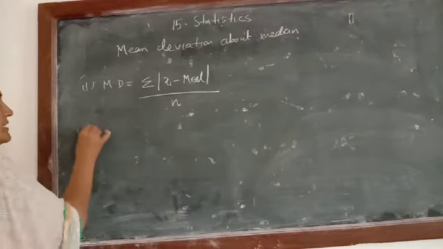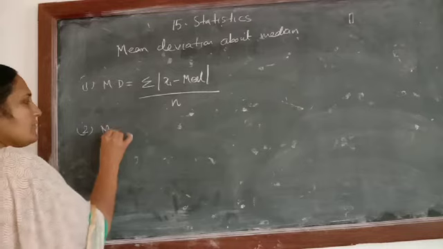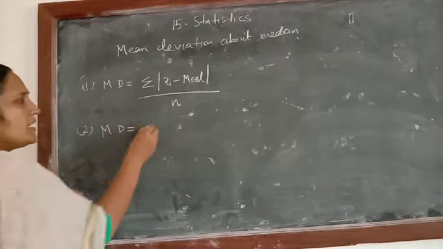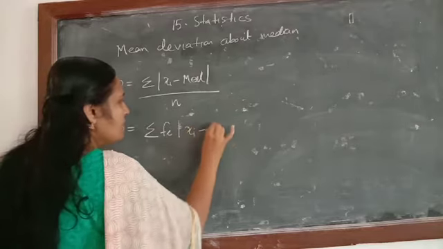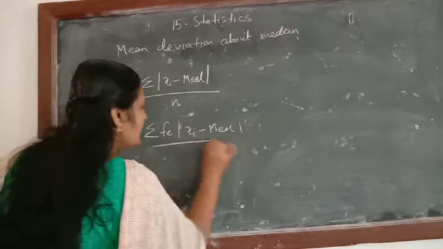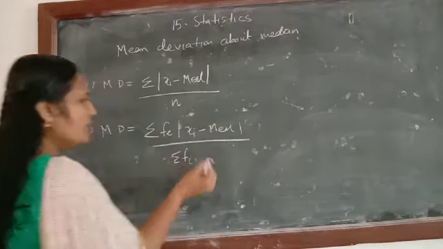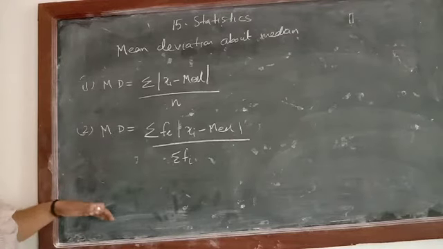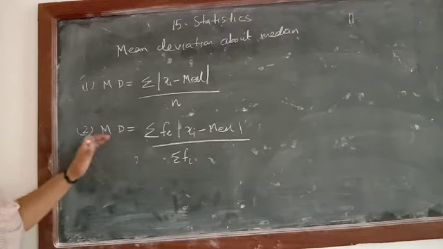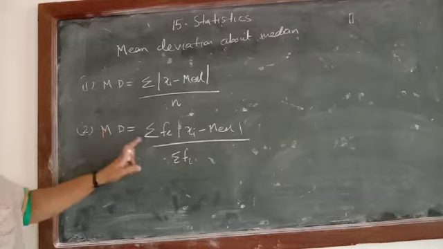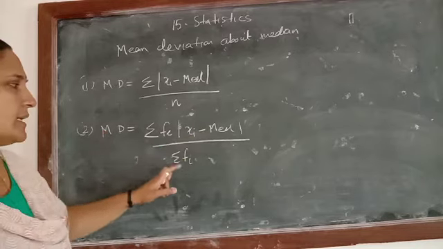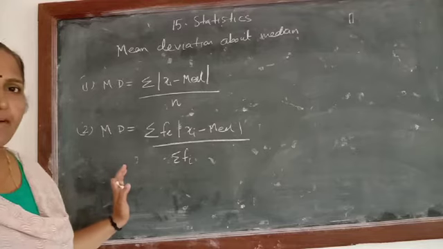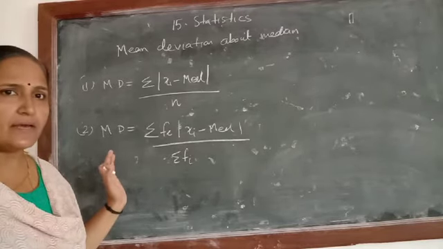When observations with frequencies are given, mean deviation is sigma fi into modulus of xi minus median by sigma fi. The same formula applies when class intervals are given. Okay, so the formulas are clear to you.